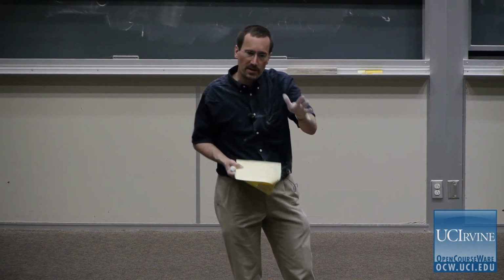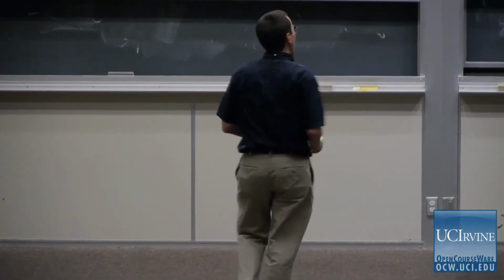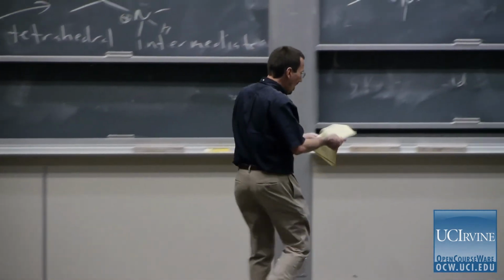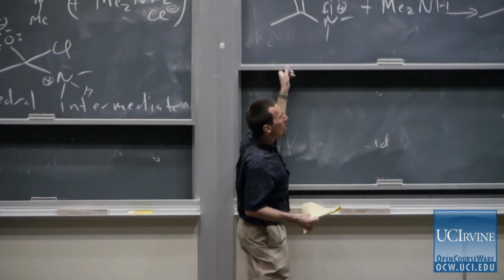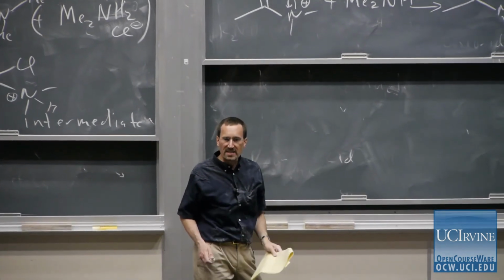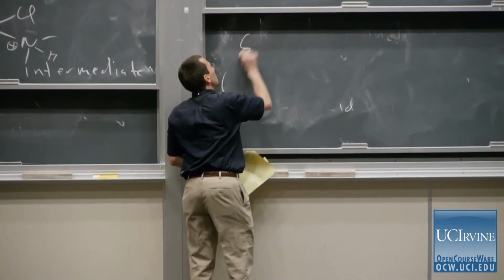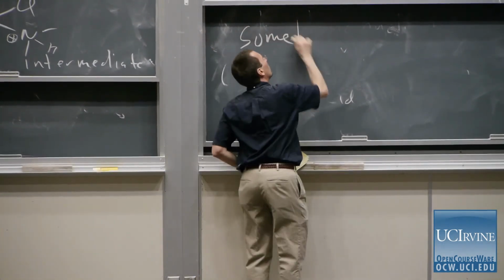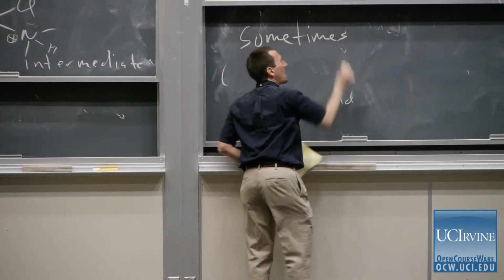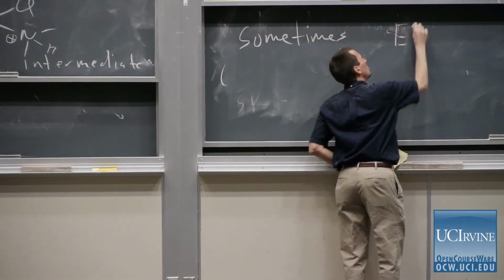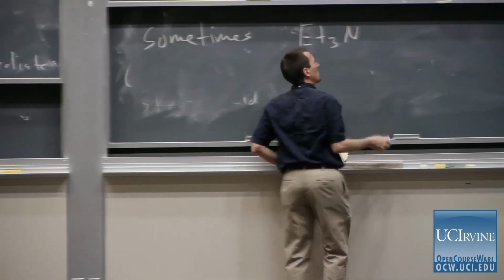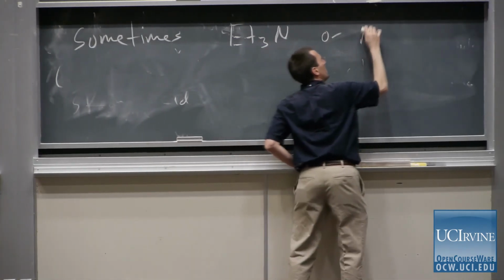Other big picture item, from a synthetic point of view, chemists often want to not waste a valuable amine. Sometimes they'll add a base that's sacrificial, a tertiary amine like triethylamine or pyridine.